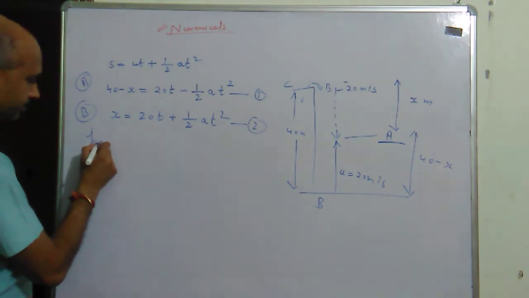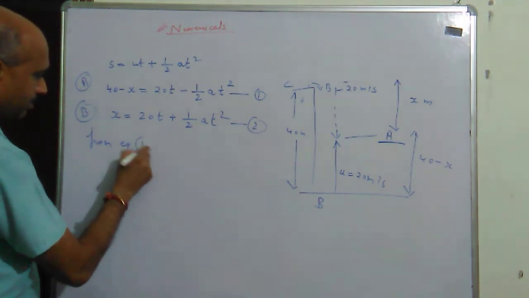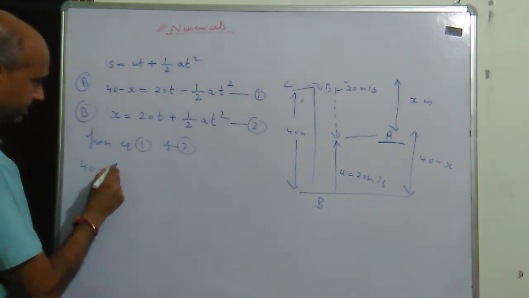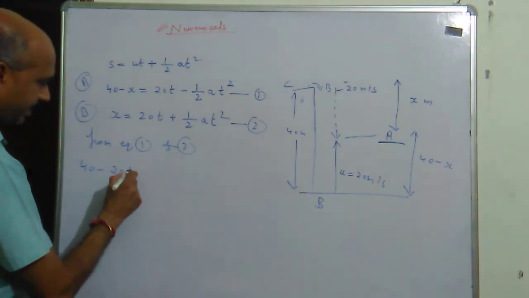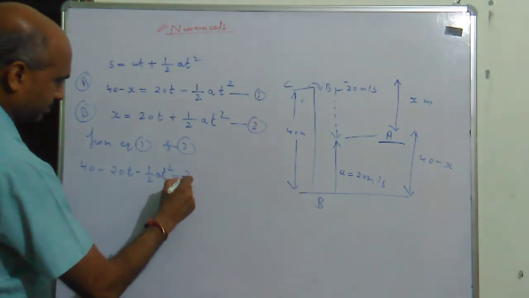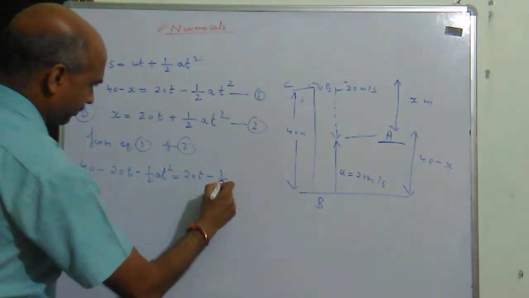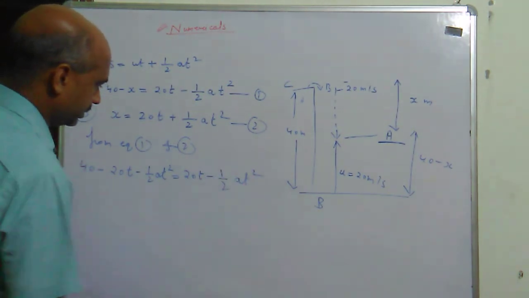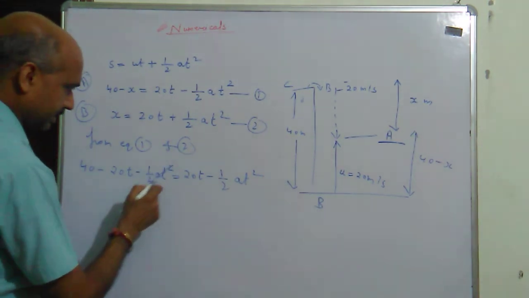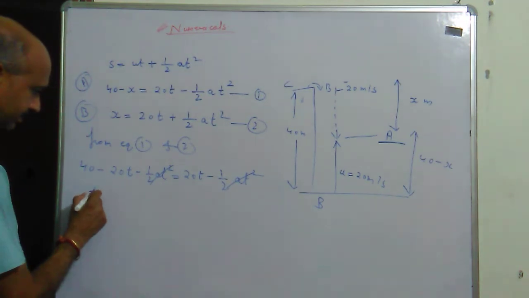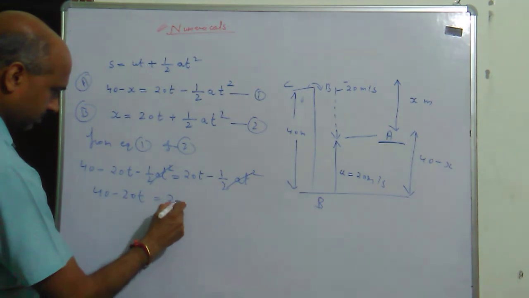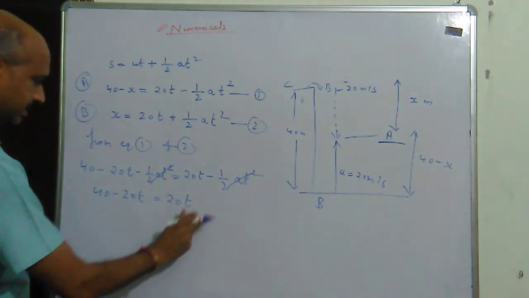So from equation 1 and 2, दोनों को कंसिडर करो. So we get 40 minus, we are putting the value of x, 20t plus half at square, equals to 20t minus half at square. So this we are getting. So I think this gets cancelled, ये कैंसिल हो गया. So we are left with 40 minus 20t equals to 20t, it gets shifted here.